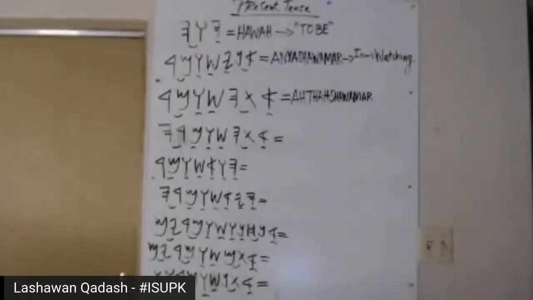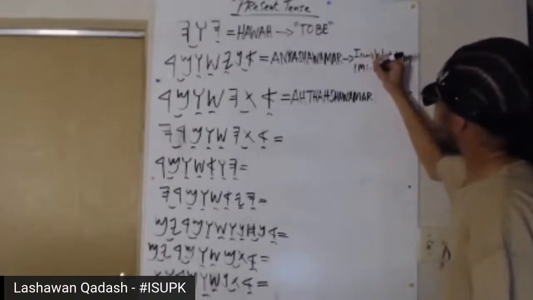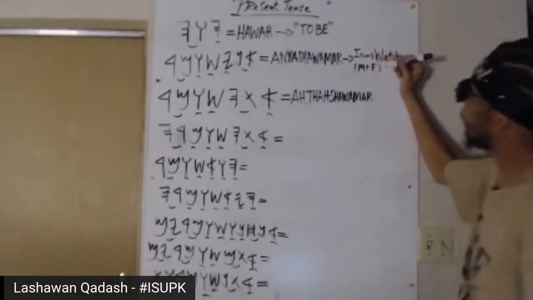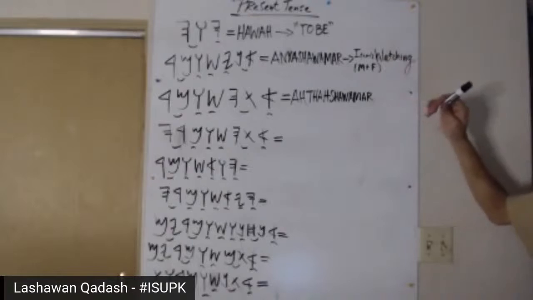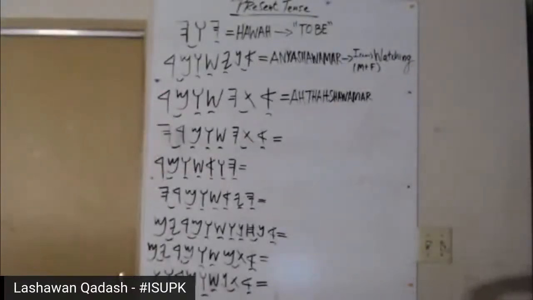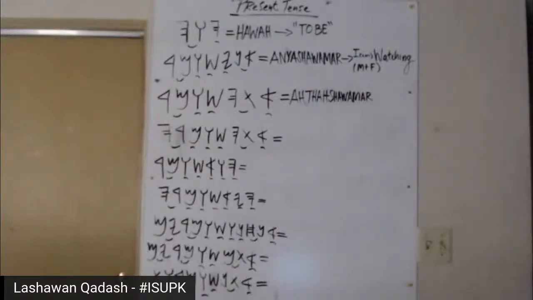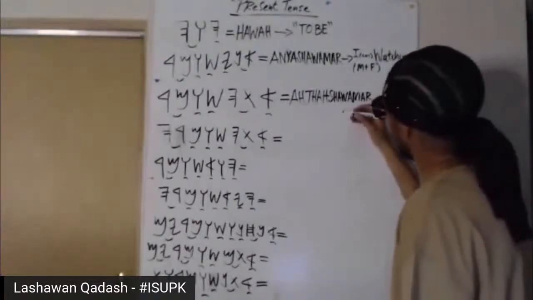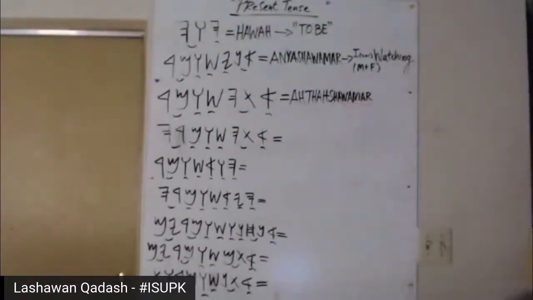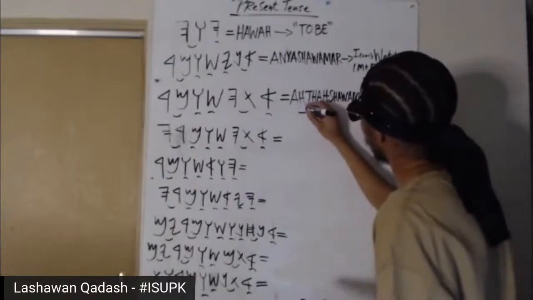Now also, don't let me forget masculine and feminine, based on the context of the sentence, et cetera. Atha shawamar, atha shawamar, yes, you are watching.